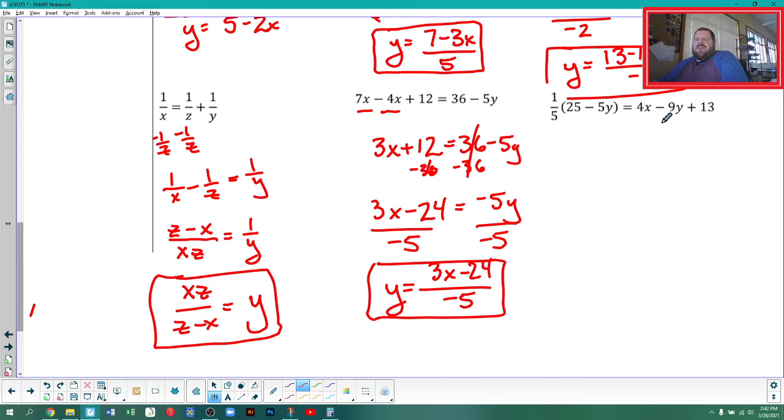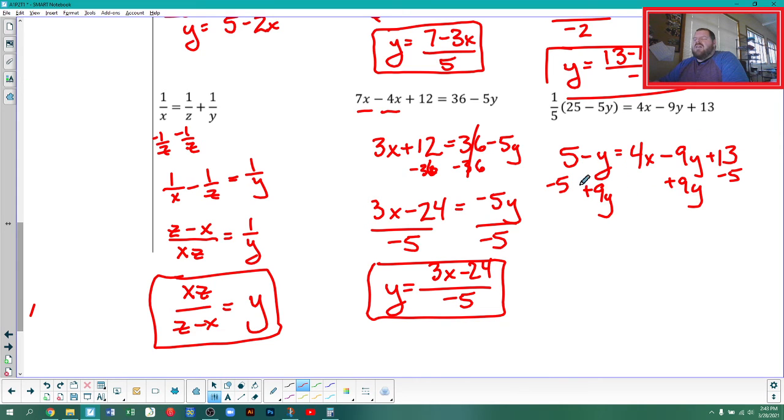This last one, hopefully you did a little bit of work on this side, a little distributive property. 1/5 times 25 is 5. Negative 5 times 1/5 is negative 1. And then we get our 4x minus 9y plus 13. And so here we can move our y's to this side, move our numbers to the other side. So we're going to add 9y, subtract 5, and subtract 5.